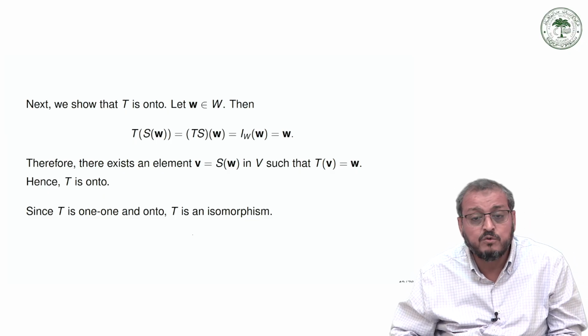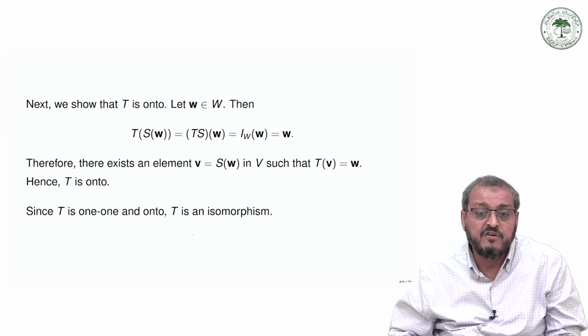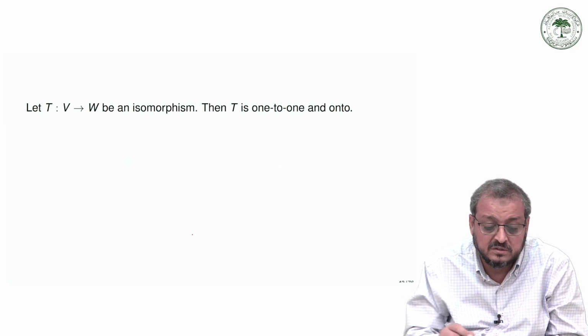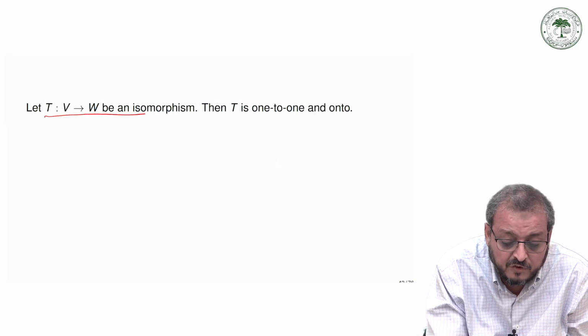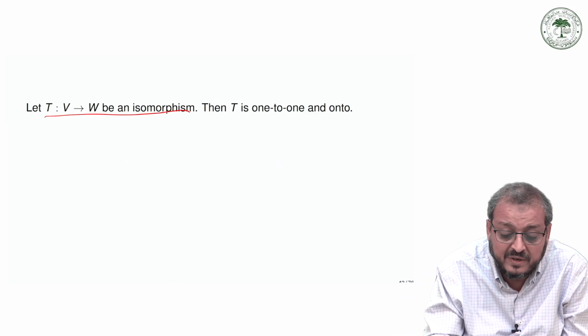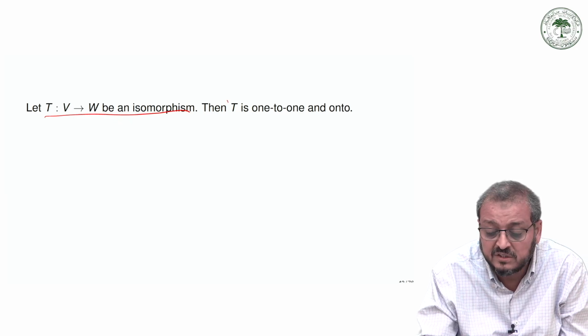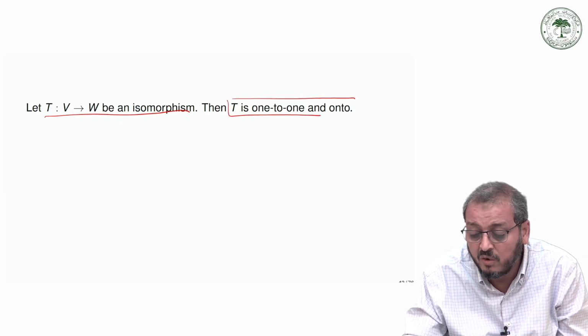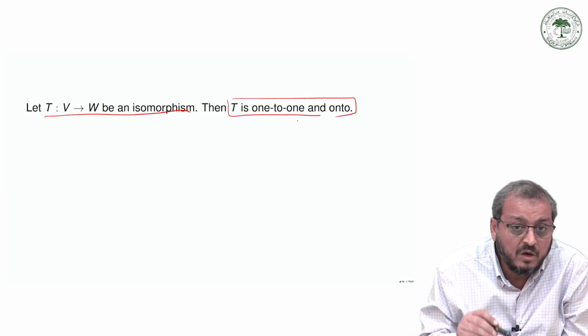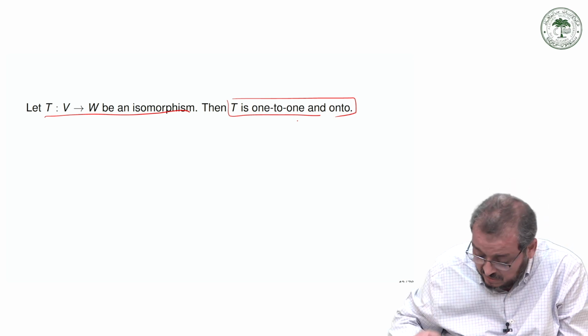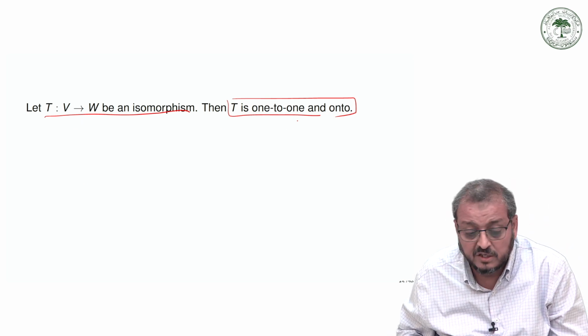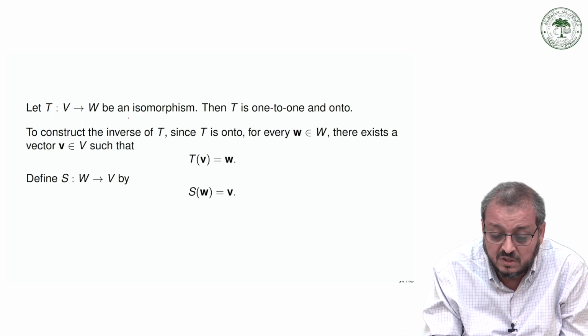Now we have to prove the converse part. If we have a linear transformation T from V to W that is an isomorphism, then by the definition we can say that T is 1 to 1 and onto. Now we prove that if T is 1 to 1 and onto, we can construct an inverse.